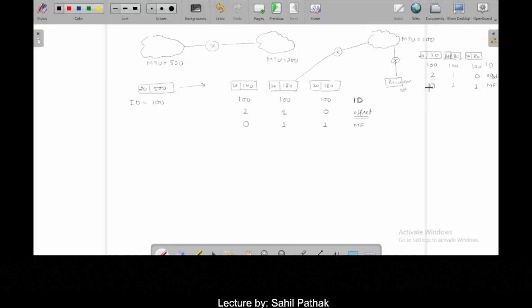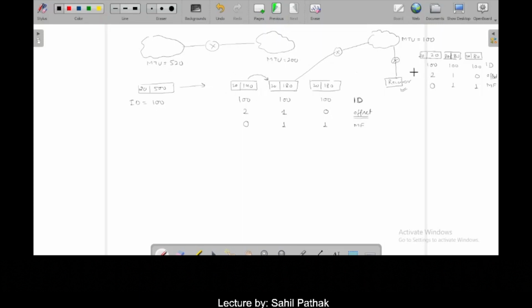You may set the value MF equal to 0, but it is not correct, because these are refragmented pieces of a fragment, and this parent fragment is being followed by another fragment.